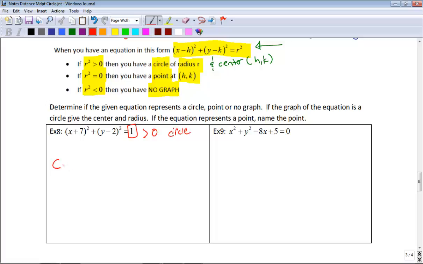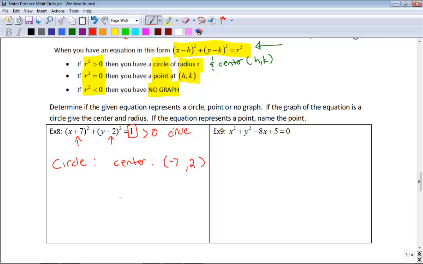If I have a circle, what I'm asked to find is the center and the radius. The center of this circle is going to be located at (h, k), and h and k are going to be the opposite numbers of the ones that you find in there. So a plus 7 means negative 7, and a minus 2 means a positive 2. So I found my center.